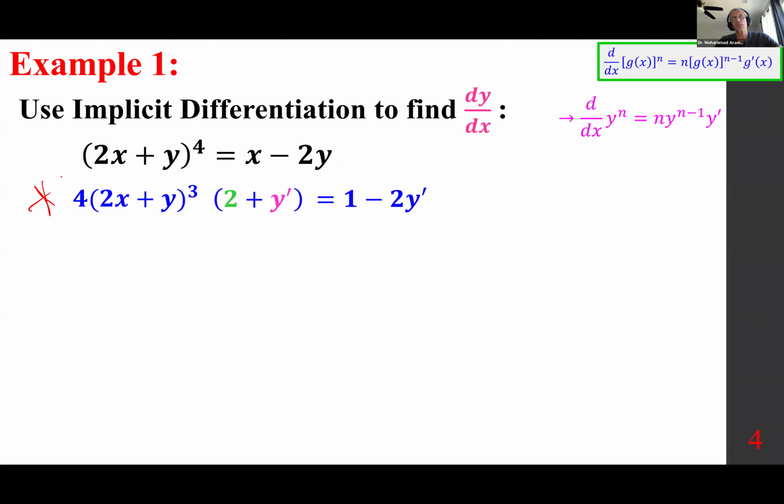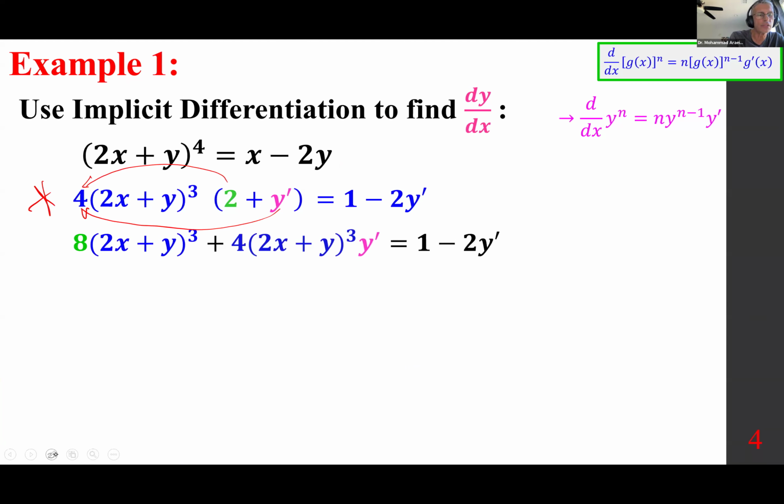This is the only calculus step. Now to solve for y prime, we multiply this by 2, we get 8, and then we put the y prime in between. And on the left side, we get 8 times (2x + y) cubed plus 4 times (2x + y) cubed times y prime.